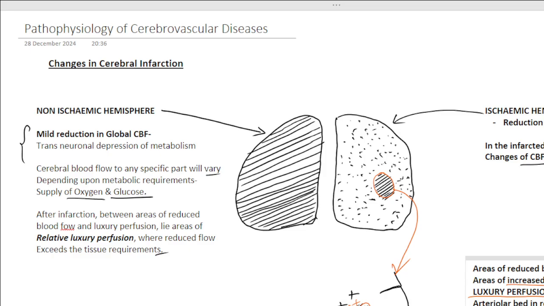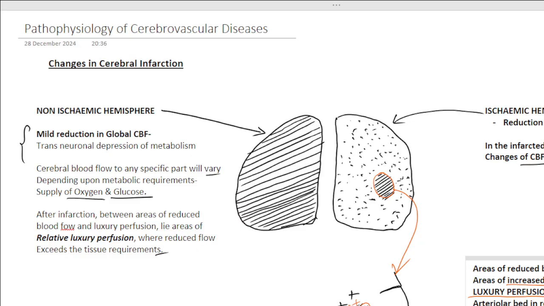So these changes are transient. Okay, these changes are transient and revert to normal within days of onset.